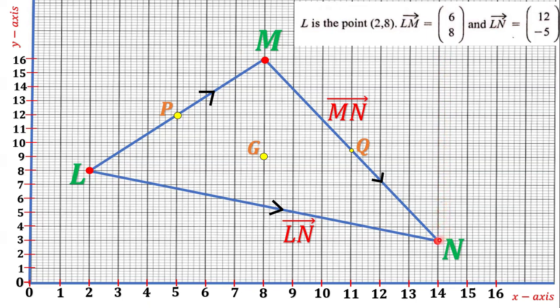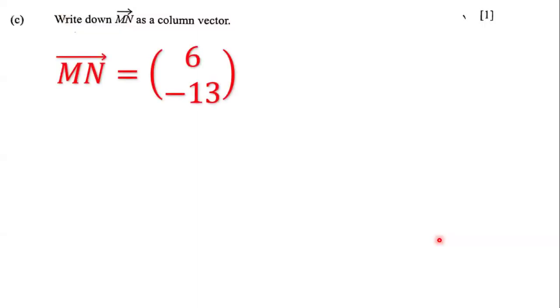So positive 6 for the X component and negative 13 for the Y component. And so the vector MN is going to be 6, because we move 6 times to the right, and negative 13 because we move 13 times downwards. Okay, so the vector MN is equal to (6, -13) written as a column vector.